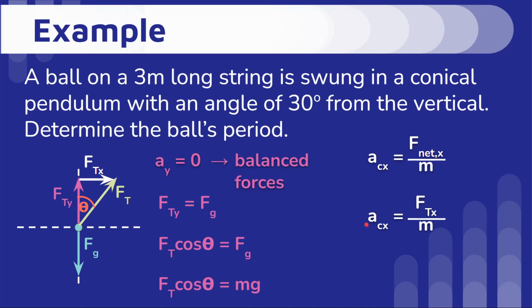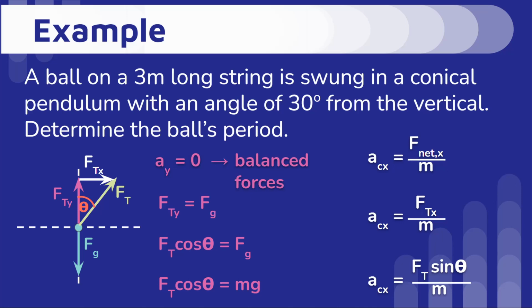And so my acceleration in the x direction equals my net force, that Ftx over m. Again, Ftx is Ft sine theta. Based on the way I've drawn it, it is opposite my angle, and so I'm using sine for this one. So my centripetal acceleration, that x acceleration in the horizontal direction, is Ft sine theta over m.